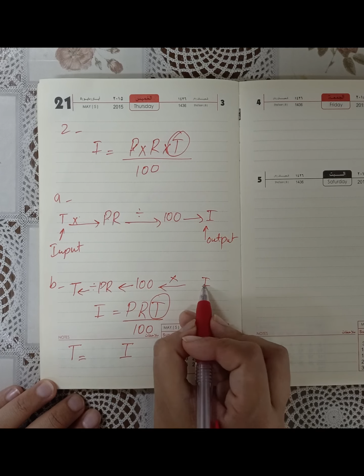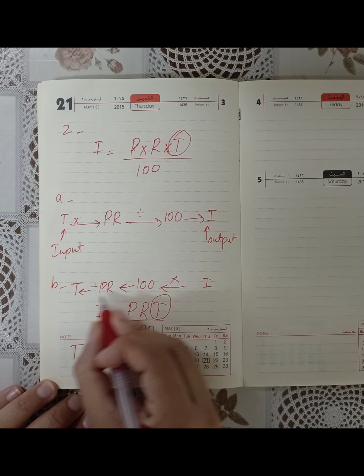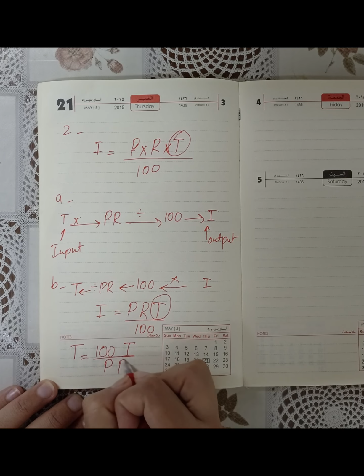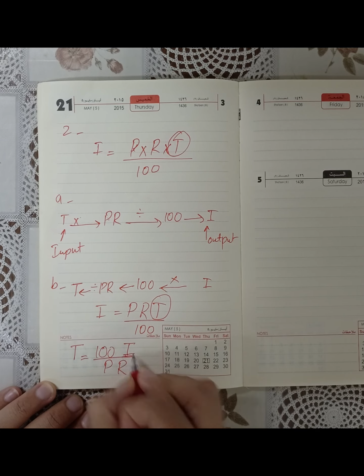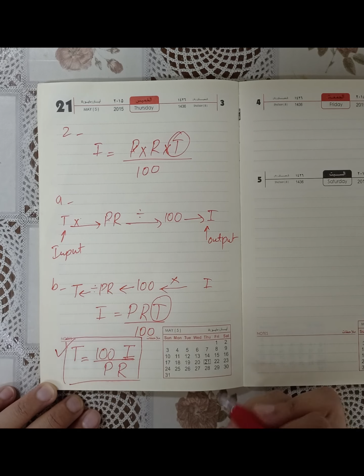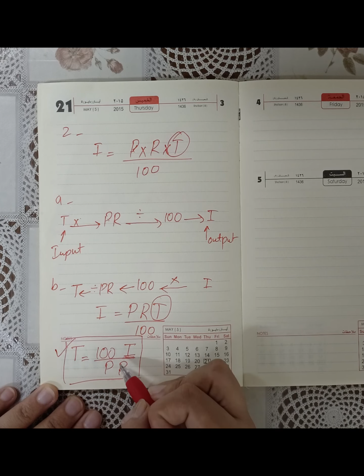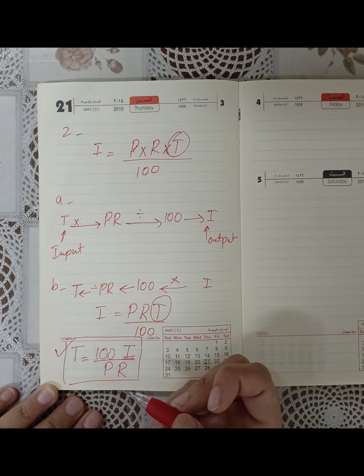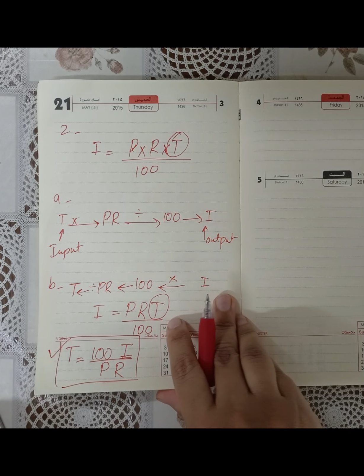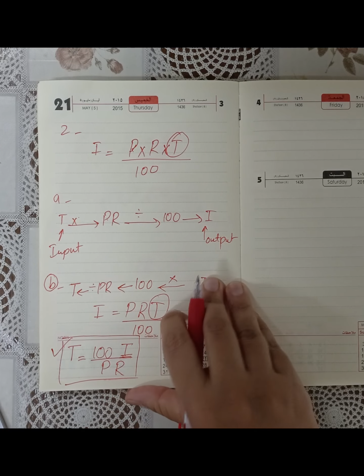We'll start from I. We'll multiply I with 100, and then we divide with P and R. This is our answer for finding T. This is our formula, or the reverse machine for finding the equation for T. So you will write it here in the fill in the blanks in question 2 part B.